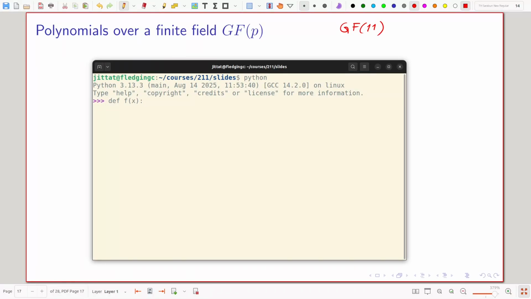So let's do modulo 11. Okay. So let's pick a degree 2 polynomial. So let's return 3 times... okay, so that's the polynomial that we have.